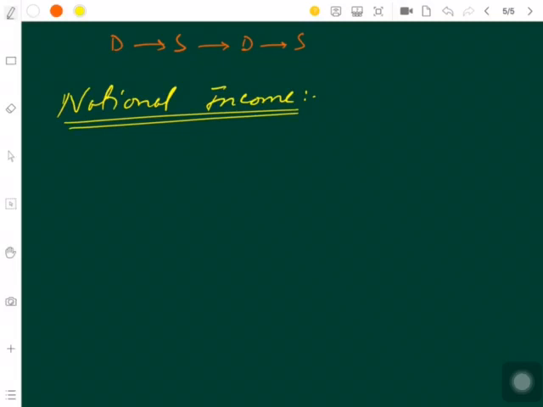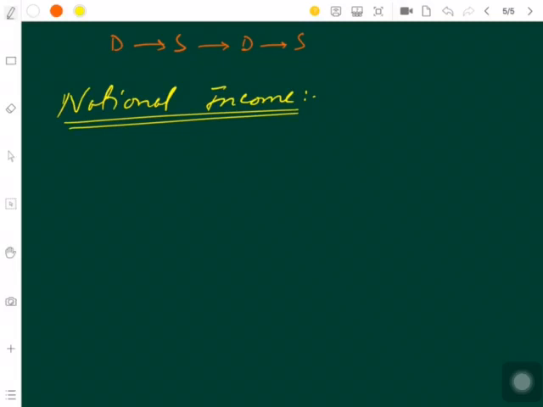Thus, national income is a measurement, or we can say national income is a measure. Measure of what? Of value, of production activity of a country. This is a very simple definition which I'll elaborate.